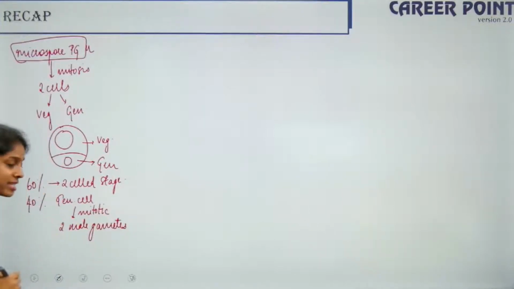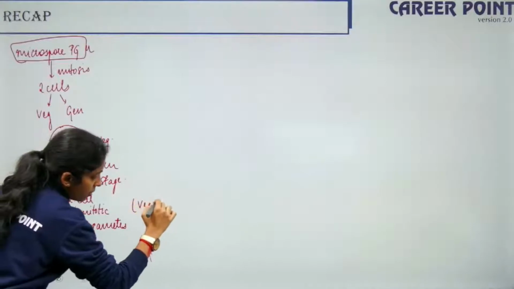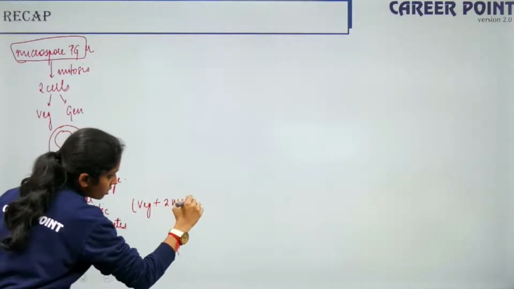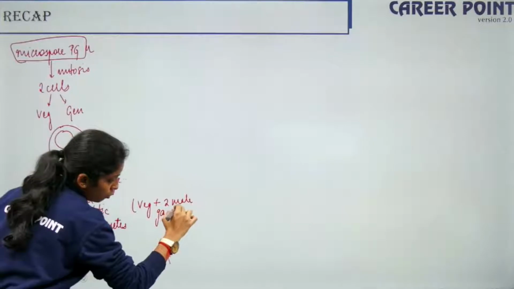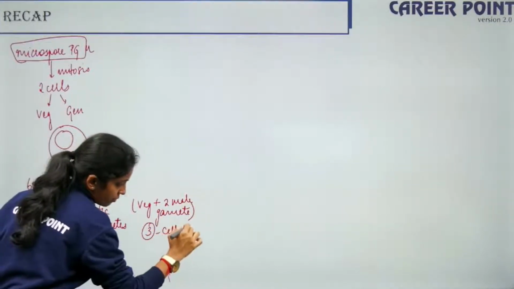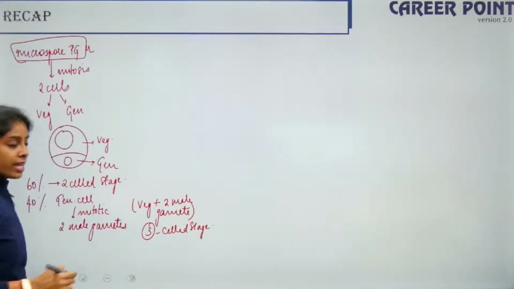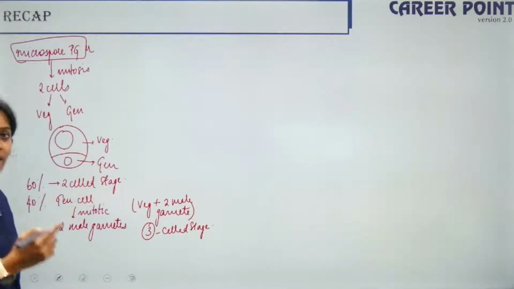Now, totally how many cells do you have? You have your vegetative cell plus 2 male gametes. So, this is the 3-celled stage of the pollen. Fine. So, this is how your pollen grain is released.